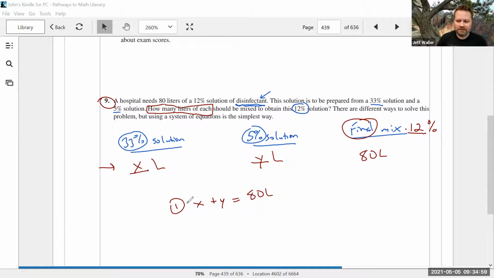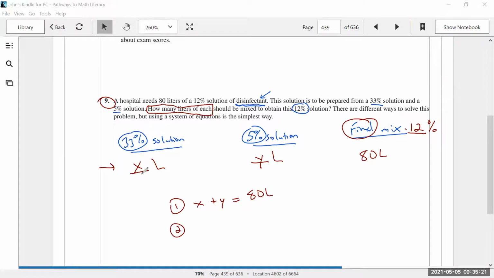I really don't want to do this whole thing. I'm going to do one step on the second equation. Somebody else, can you tell me, can you remember, how much disinfectant is in this? 12%. Or 12 liters. No, come on, guys. 12% is the final.